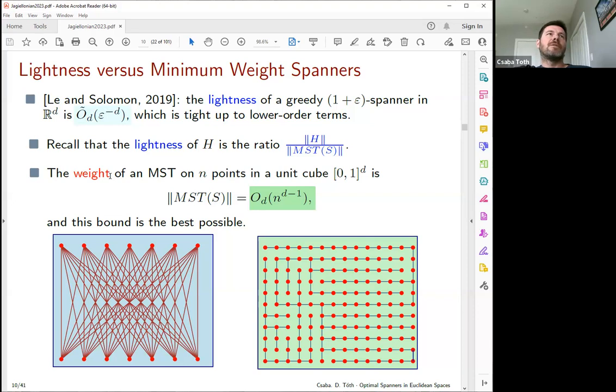For instance, if we have n points in a unit cube in d dimensions, then it's known that the weight of the MST is order n to the (d-1)/d. And the illustration is, so it's also best possible.